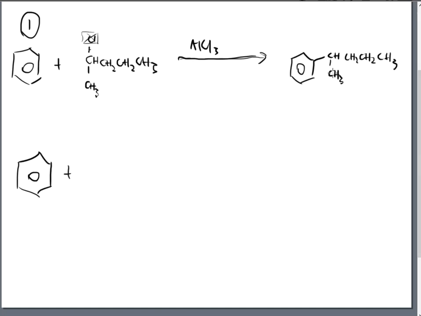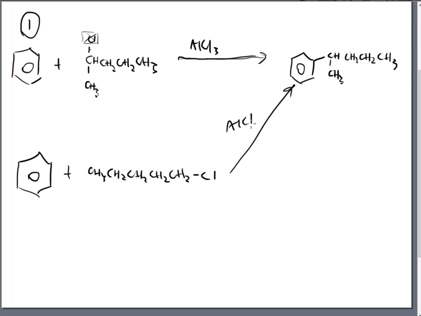So here is a total of 1, 2, 3, 4, 5, right? So CH3, CH2, CH2, CH2, CH2. There's 1, 2, 3, 4, 5. And then I'll put a chlorine after this.